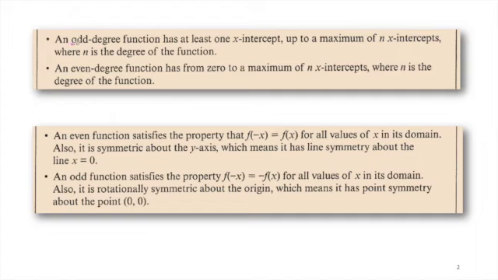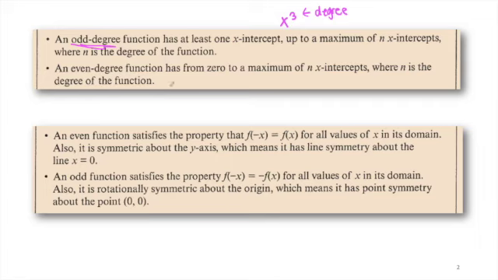An odd degree function has at least one x-intercept up to a maximum of n x-intercepts. So if you have a degree 3, right? Your n is a maximum of 3 intercepts, and n is the degree of the function, okay?